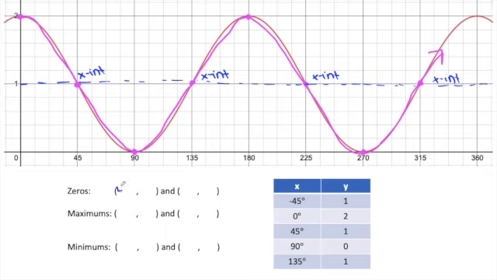Okay, so you have a 0 at 45 degrees and 1, at 135 and 1. You have a maximum at 0 and 2, and then another maximum at 180 and 2. Okay, and then you have minimums at 90 and 0, and 270 and 0. Okay, so that is how you would do that.